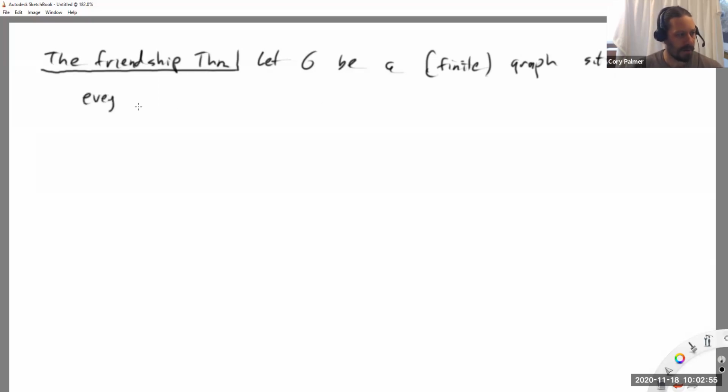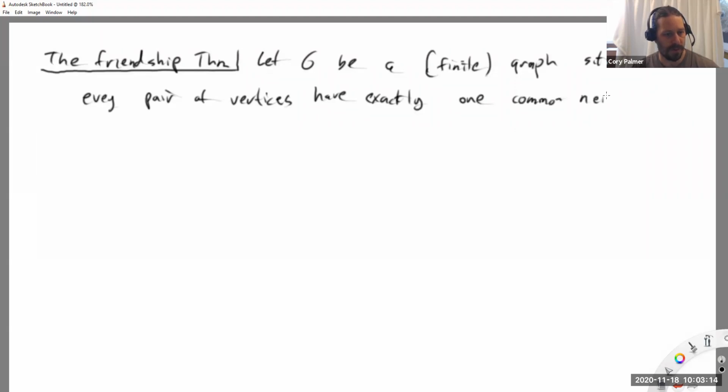Every pair of vertices, adjacent or not, just any pair of vertices, have exactly one common neighbor. Okay, so if I grab two vertices, there's one other vertex between the two of them.